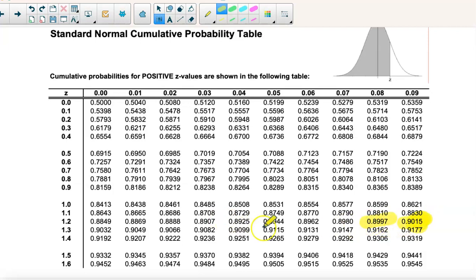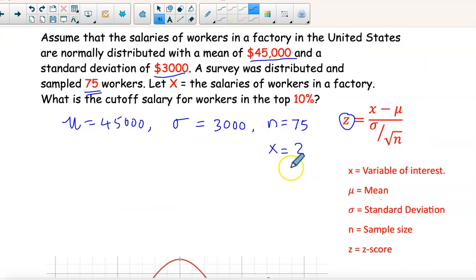So let us consider this number. What is the corresponding z-score for that 0.8997? I'm coming all the way here, that is 1.2, and go upwards. This is 0.08, matching with that. So what is the value of the z-score? It is 1.2 and the 8th column. So I will write 1.28. That is my z-score.